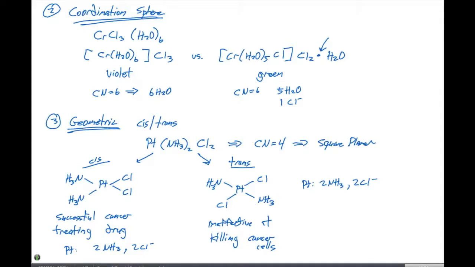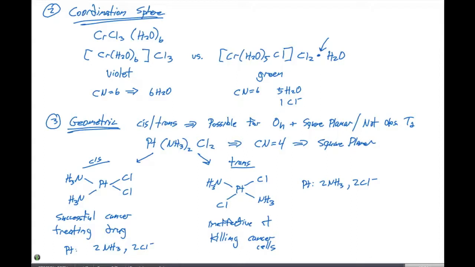Cis and trans isomers are possible for octahedral complexes and square planar complexes, but they're not observed in tetrahedral molecules.